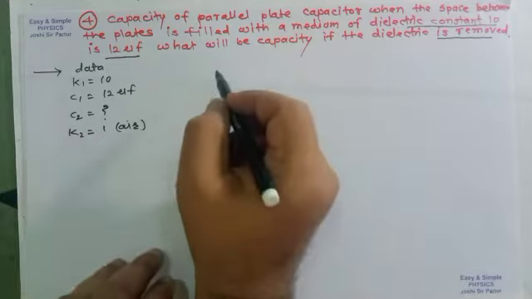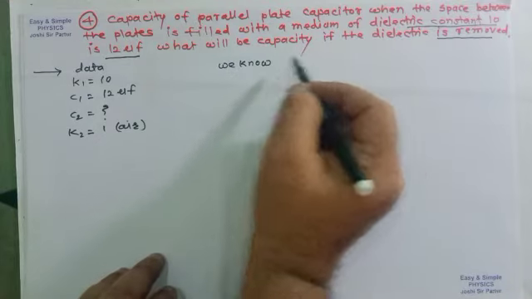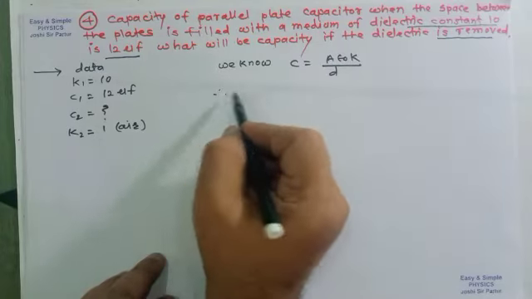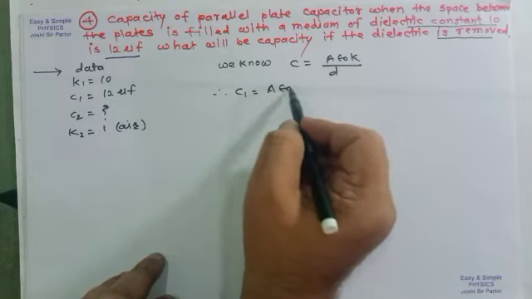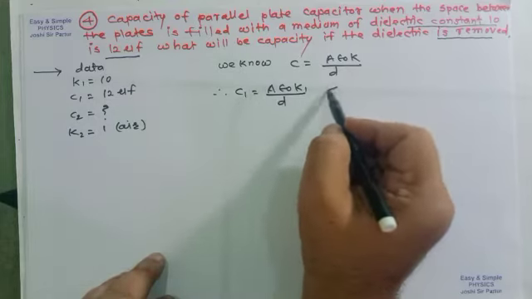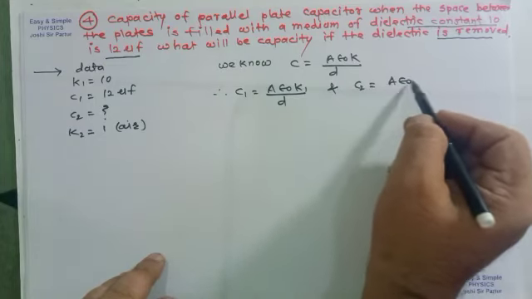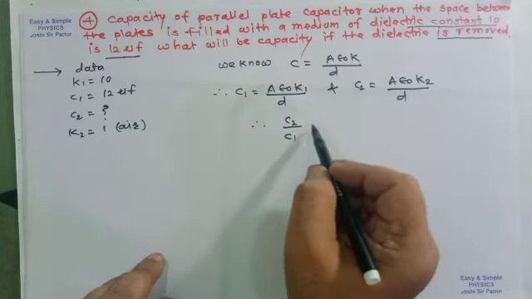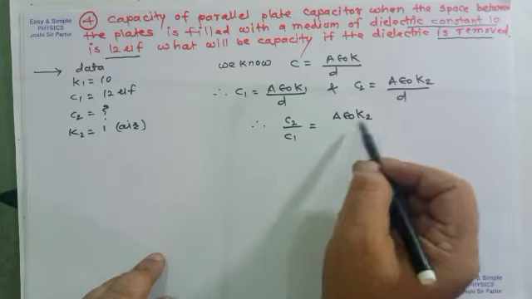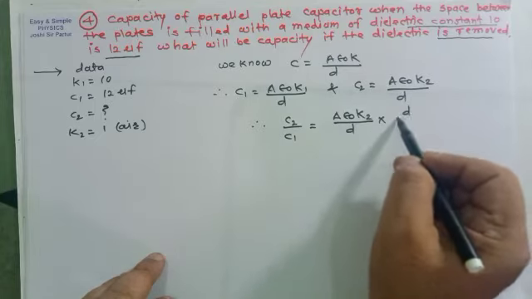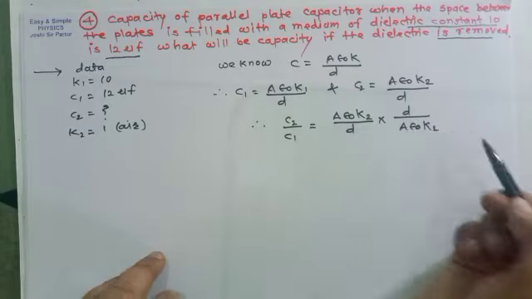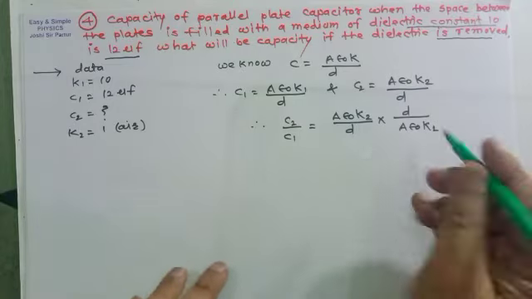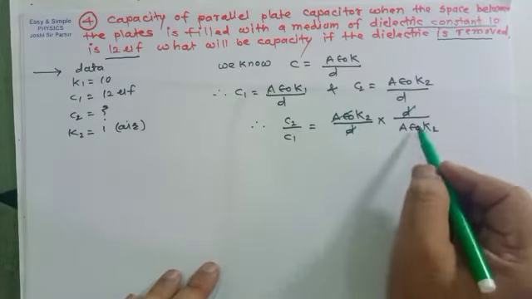So we know that capacity C equal to A epsilon 0 K upon D. Therefore C1 equal to A epsilon 0 K1 upon D, and C2 equal to A epsilon 0 K2 upon D. Therefore C2 upon C1 is equal to A epsilon 0 K2 upon D multiplied by D upon A epsilon 0 K1. Similar terms can be cancelled: D can be cancelled, A epsilon 0 can be cancelled.